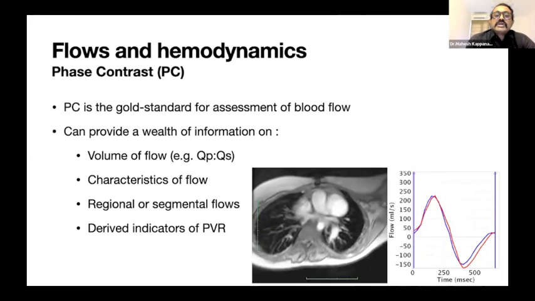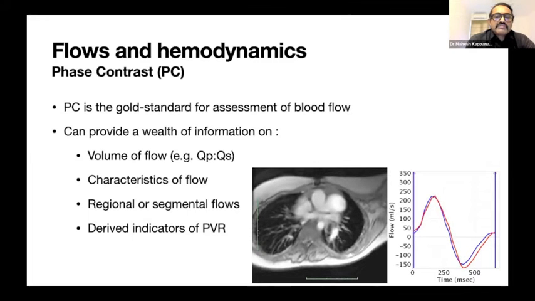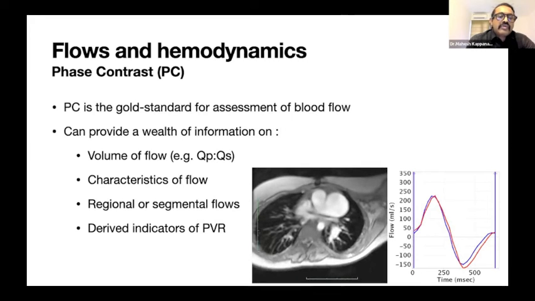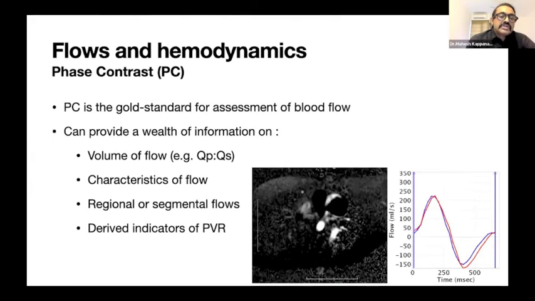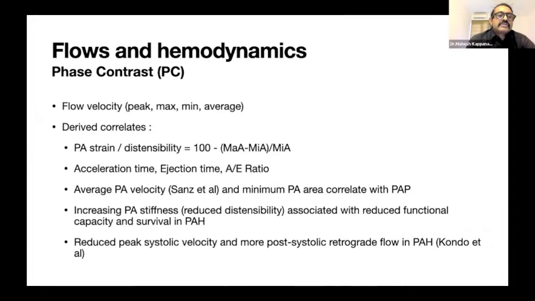The assessment of flows is one of the biggest advantages of cardiac MRI, and the phase contrast sequence on MRI is a gold standard for assessment of blood flow and can provide a wealth of information on the volume of flow, regional and segmental flows, the characteristics of the flow, and also can be used to derive various indicators for pulmonary vascular resistance.